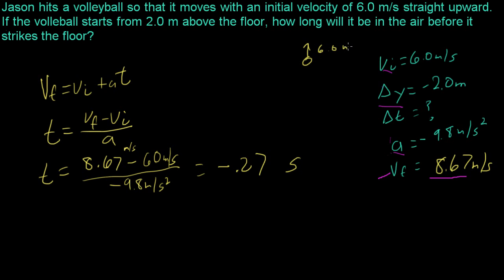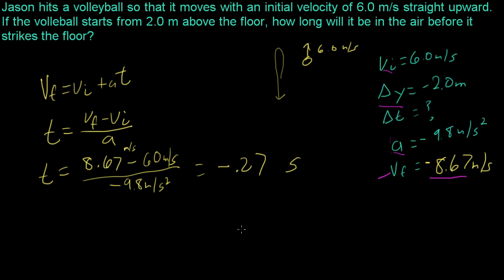So that's 6.0 meters per second. That's a velocity up. We've defined up as positive. When the ball comes back down, this goes up, up, up, and then it comes back down. It's going down now, obviously. So it shouldn't have a positive velocity, but that's what I wrote down. So this should actually be a negative 8.67.